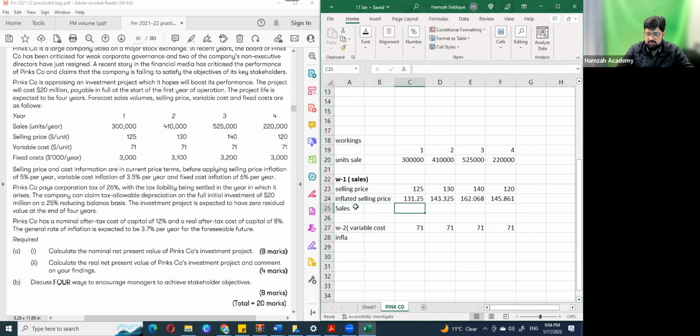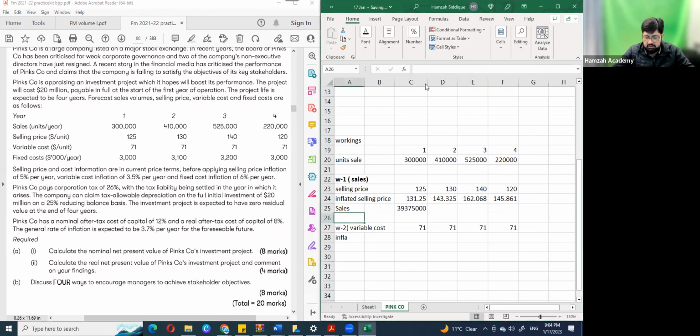Sales is the selling price multiplied by units sold for the year. Here we go.